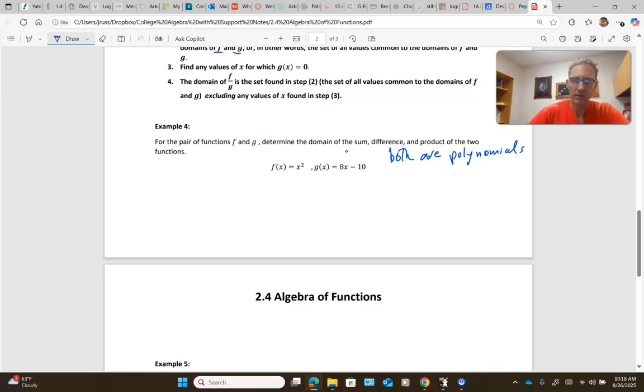And so therefore, the domain of the sum, the difference, and the product of these two functions will be all real numbers.